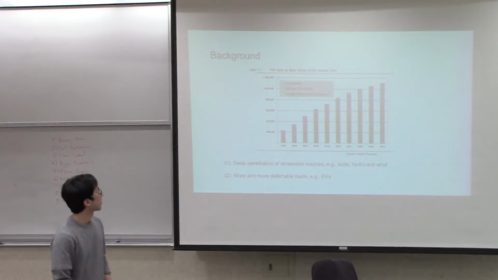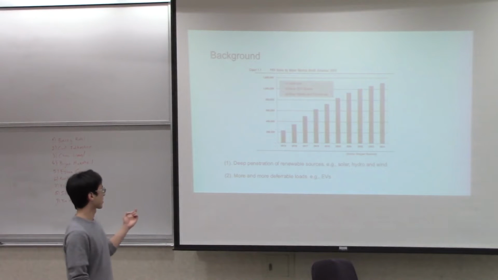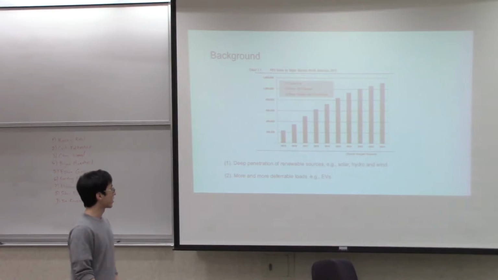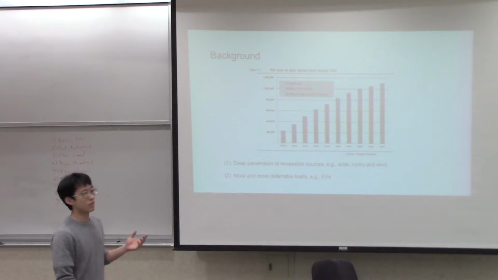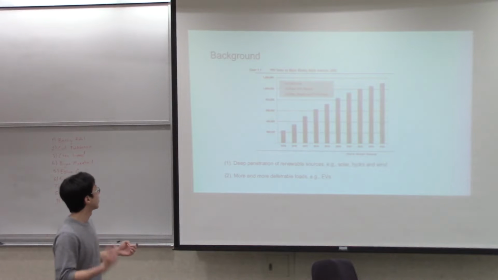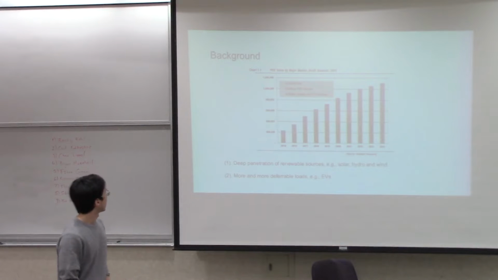Meanwhile, deferrable loads like electric vehicles also raise many questions. For example, how to design a scheduling policy so you can specify each driver's demand and charge their cars and so on.